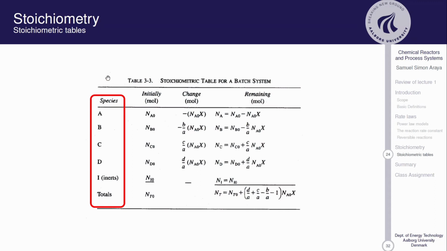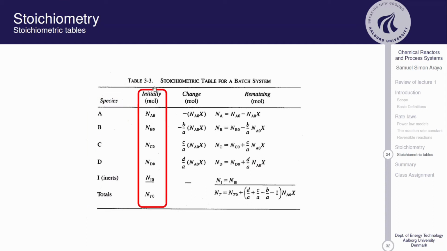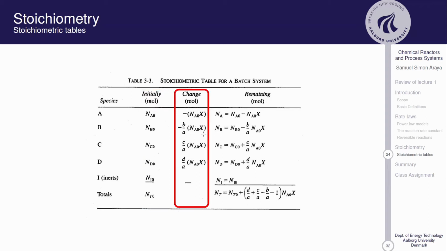In fact, if we see here, we have all the species on the first column. Initially, we have all these concentrations in the reactor, and then they change. Now, to make it easier for our calculations, we express all of them in terms of the initial moles of A. And this is what it looks like.